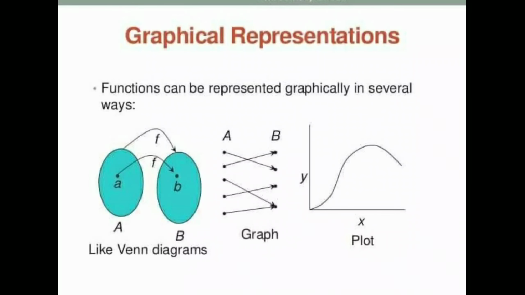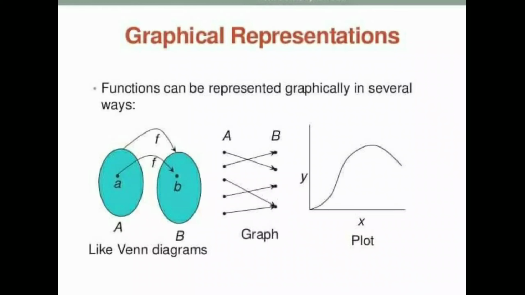In graphical representation, a function can be represented graphically in several ways. Okay, by Venn diagram, by graph plotting. So we have two sets A and B, and taking an element in domain A, we get exactly one corresponding element in B, the codomain.